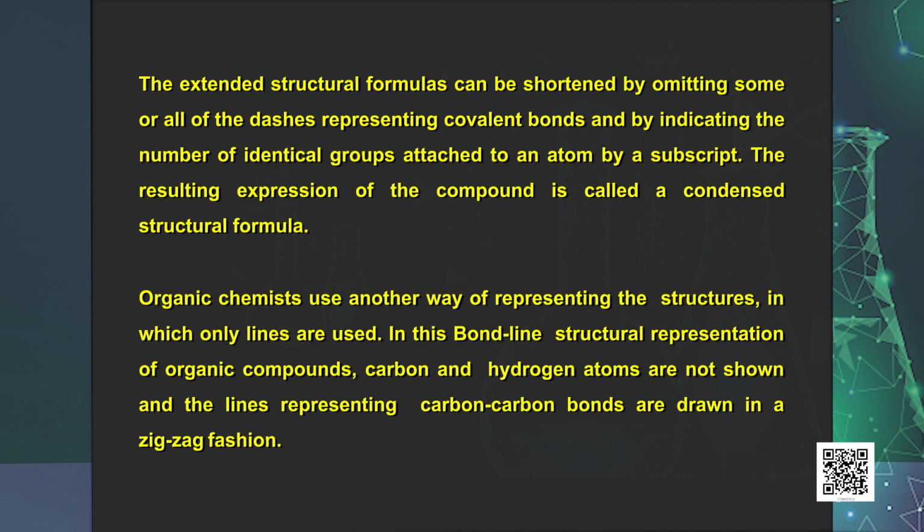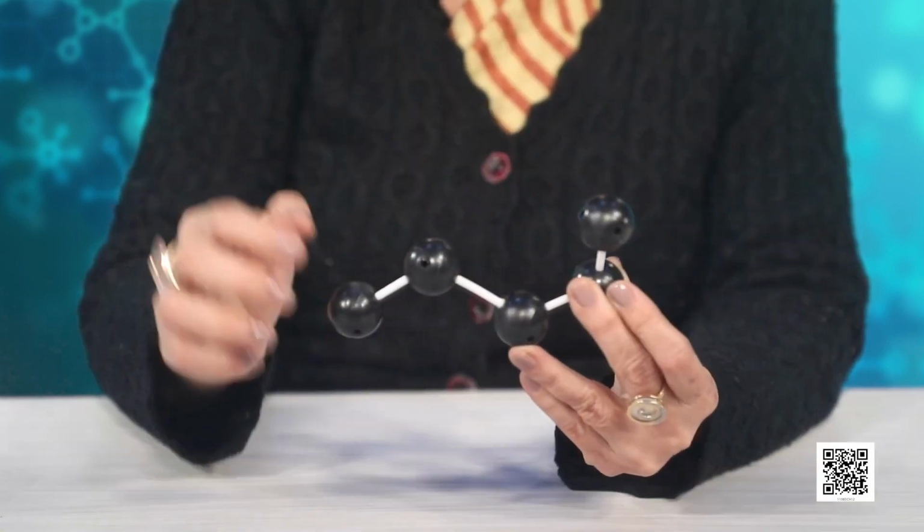In this bond line structural representation of organic compounds, carbon and hydrogen atoms are not shown and the lines representing carbon-carbon bonds are drawn in a zigzag manner. Learners, as you can see here, this is the bond line representation of an organic molecule. So, here it is shown in a zigzag manner.